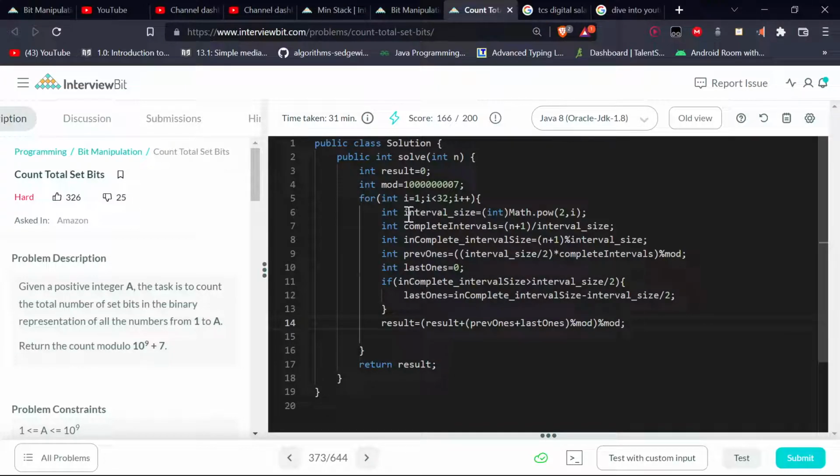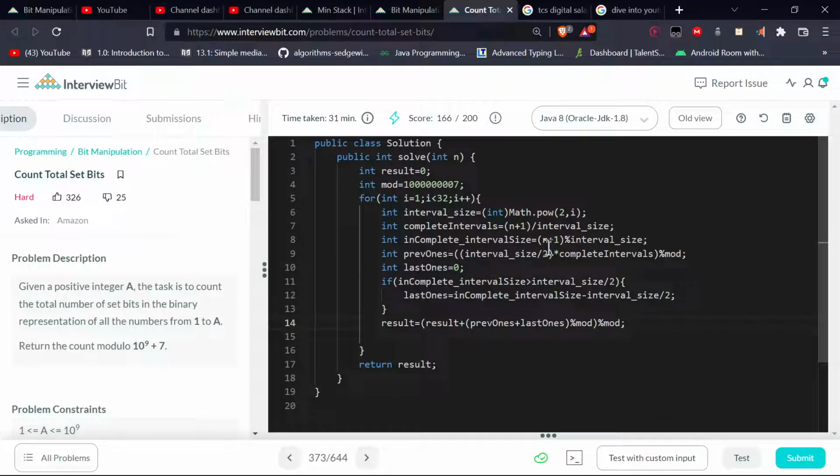So first, the interval size is 2 power i for a given position. That's what I did here. And the number of complete intervals will be the given number plus 1 by interval size. That also we have seen. Now the incomplete interval size is n plus 1 mod interval size.